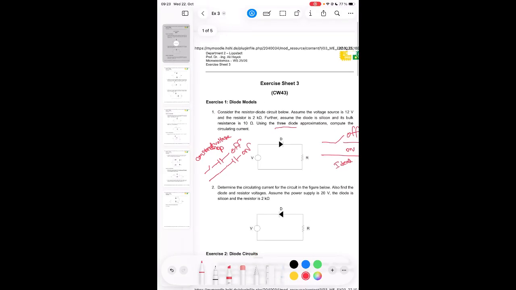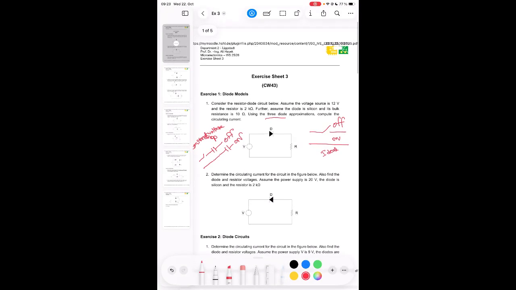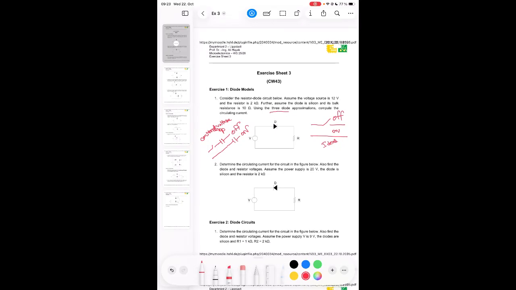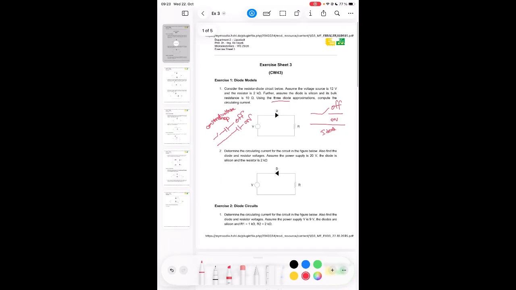This is the constant voltage drop model. And the latest one, piecewise. What is piecewise exactly? Having a resistance. Exactly. We have a voltage drop, which is 0.7, and in addition we have a small resistance for the diode itself. This is the piecewise.